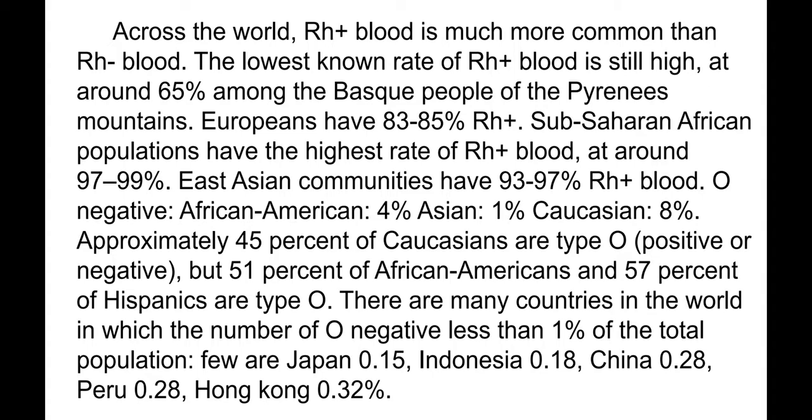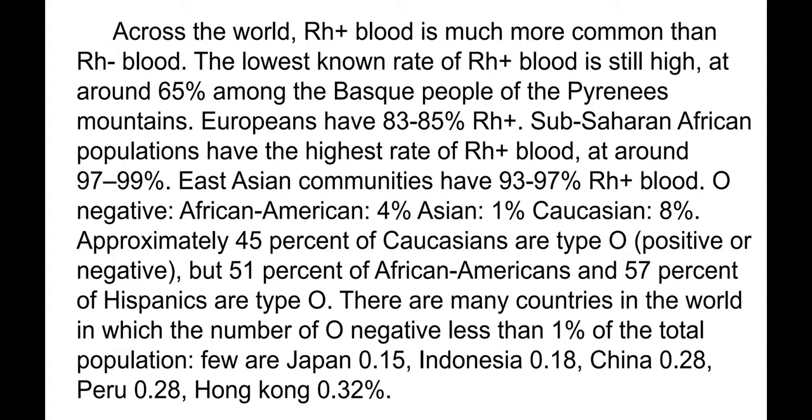In some countries, only a few people with rhesus negative and O blood type are living. So the combination of O negative is quite rare in some countries. For example, in Japan, only 0.15% of the population have O negative blood.